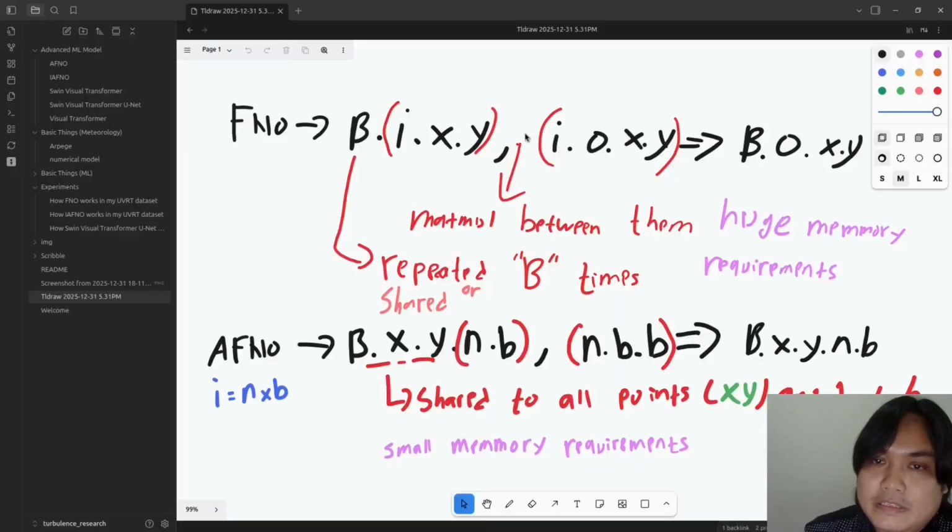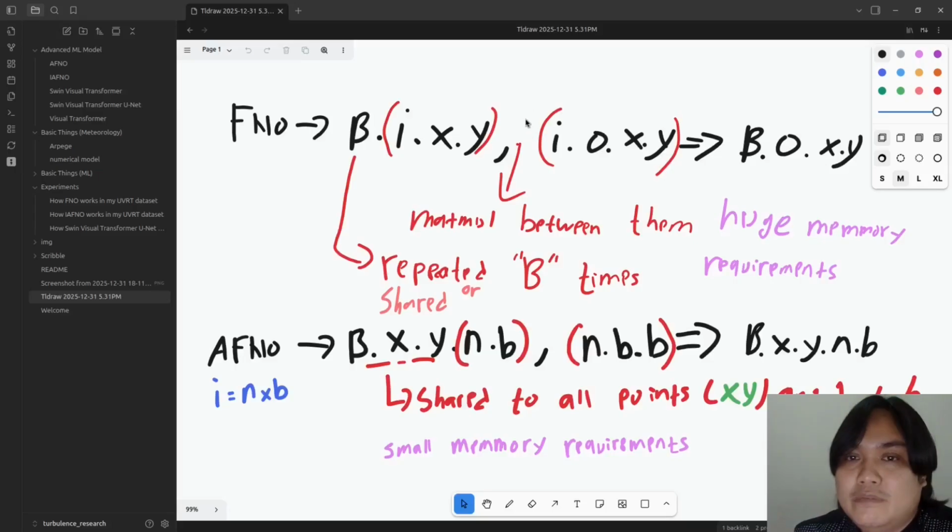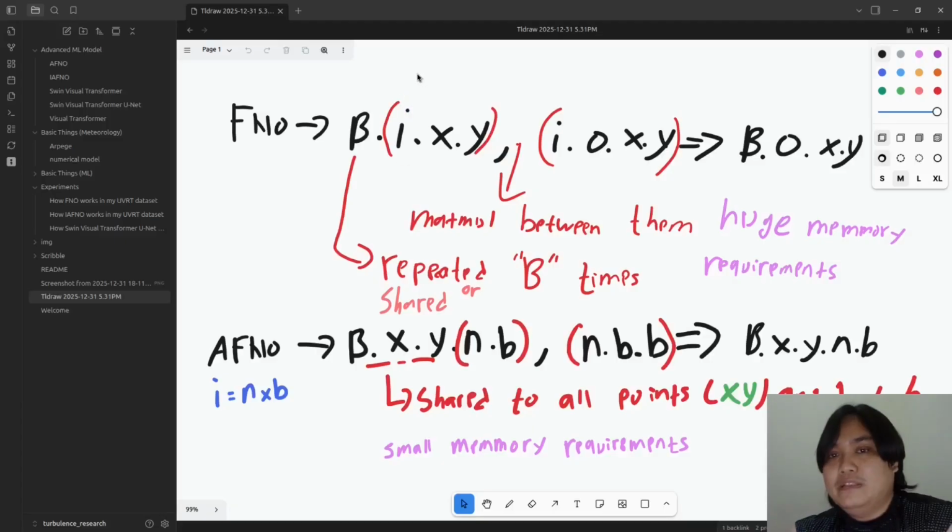After we do the FFT, usually we multiply it by some weight in the model. The shape of the weight that we multiply with the FNO input is like this. I here is the embedded dimension that we state, or we could say the context width.